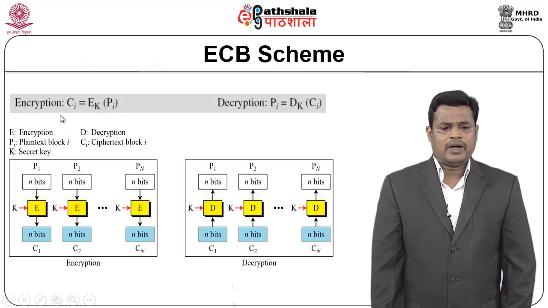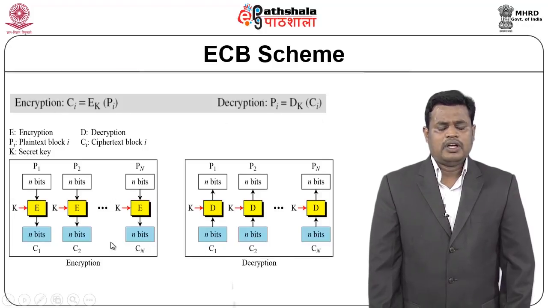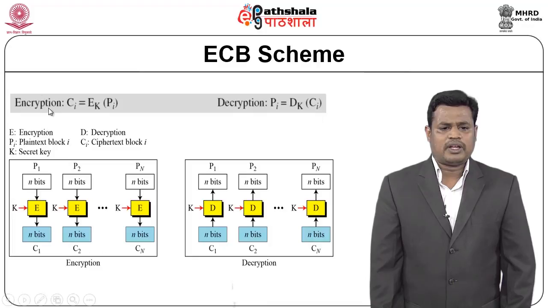Now we can understand with this diagram how the scheme works. For encryption, C, the ciphertext, is equal to E_K, the encryption with key K, of P_i, the plaintext. For decryption, P_i is equal to D_K, the inverse of encryption, of C_i.